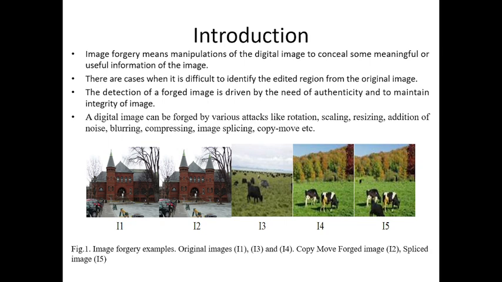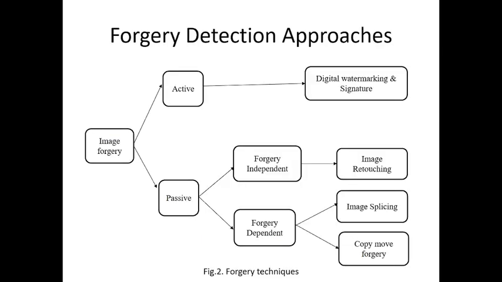A digital image can be forged by various attacks like rotation, scaling, resizing, addition of noise, blurring, compressing, image splicing, copy move attack, etc. In the figure below, I1, I3 and I4 are the original images, whereas I2 and I5 are forged images in which copy move forgery is done.